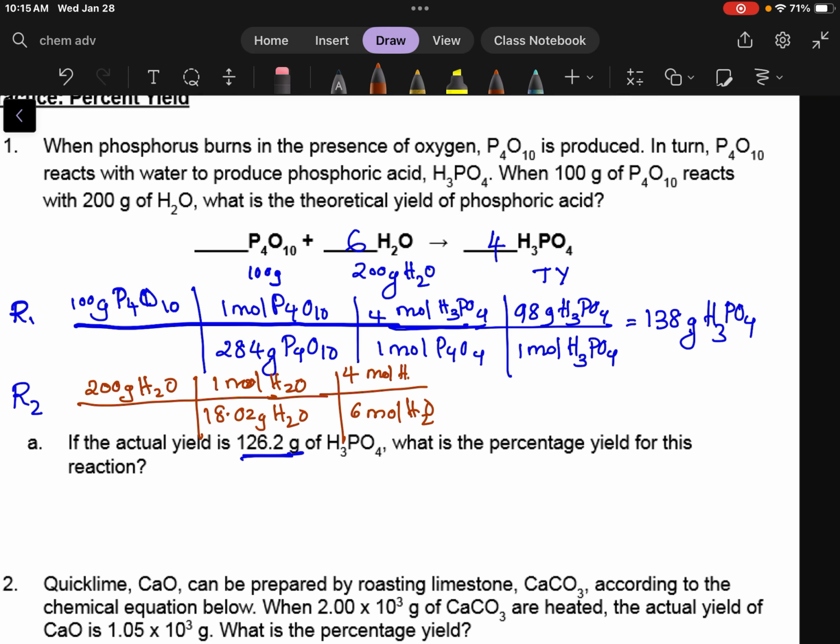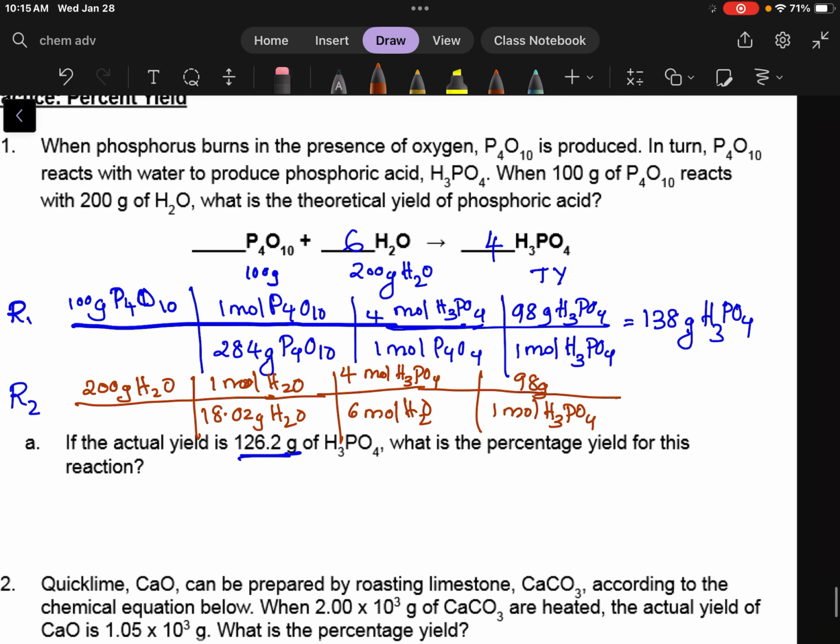Everything after that will be just copy and paste from the previous question. That is one advantage on limiting reactant questions. Now you have 98 grams of H3PO4. I believe that molar mass is correct, but you have to double check. So you are going to do the calculation.